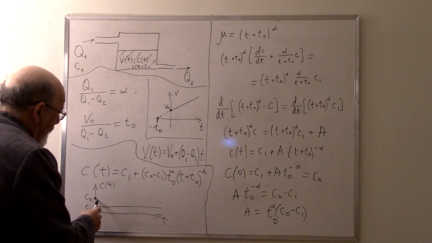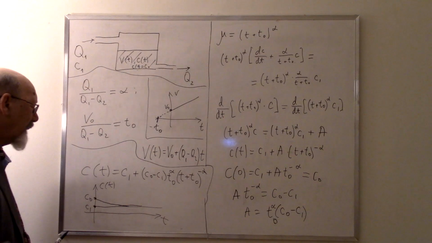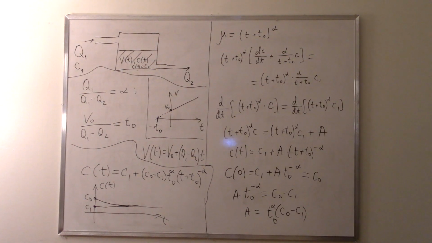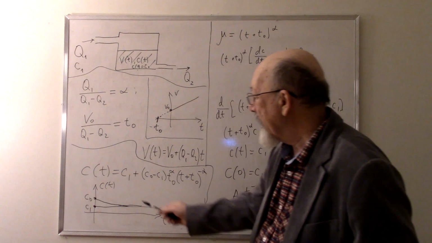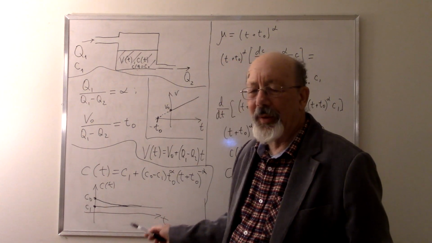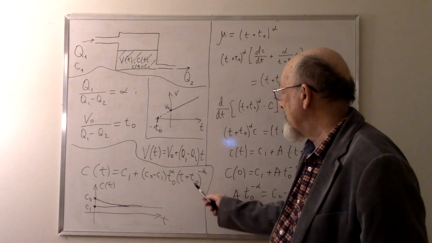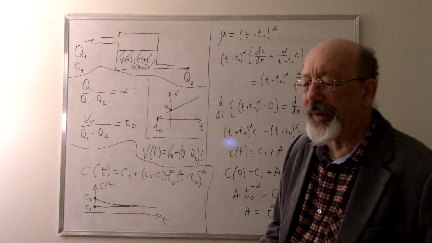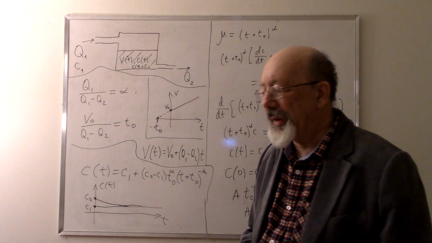Monotonically goes to 0. So we have approximately this picture. It looks superficially like in the previous case, but when q1 equals q2, this is an exponent, so it goes to 0 fast. This is a power function, so it goes to 0 but much slower. That's it.